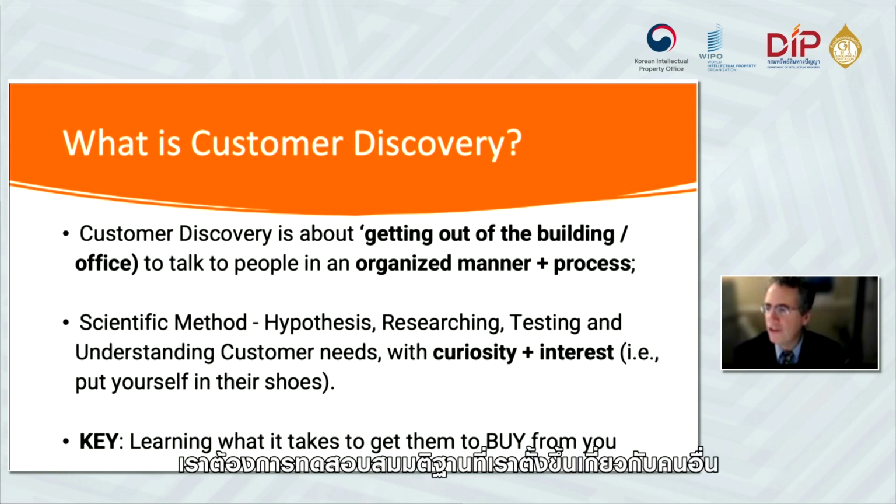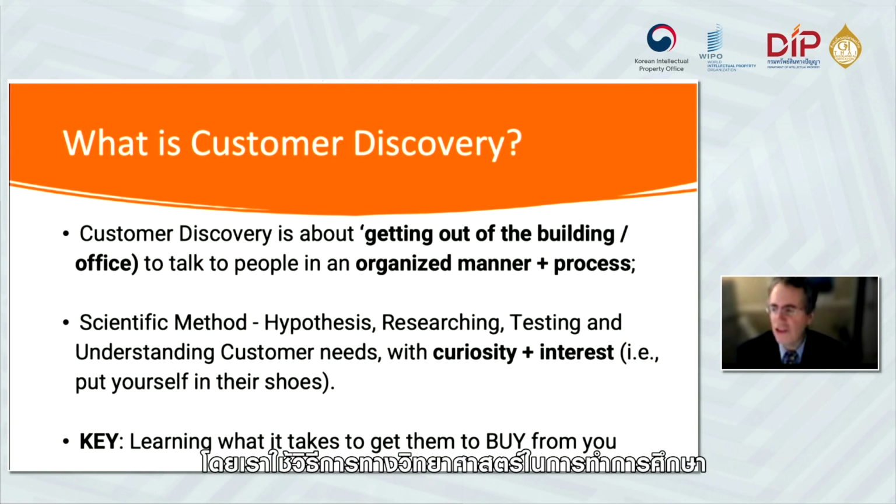test the assumptions that we make about other people and their priorities. And we use the scientific method to do that. We create a hypothesis, or in more layman's terms, we make an assumption about people's behavior. Then we research that by going to talk to them, and we test to see if it's valid.